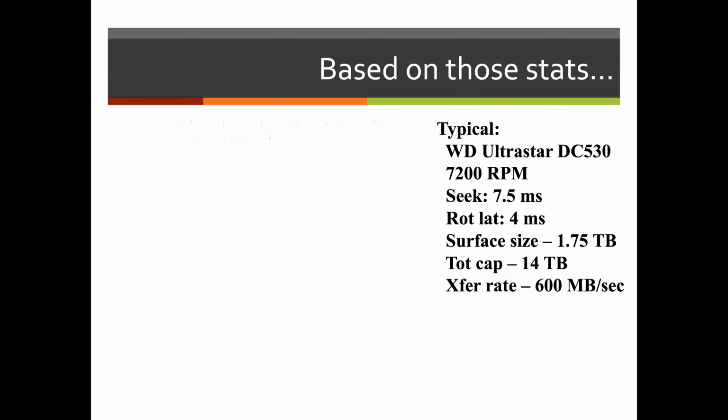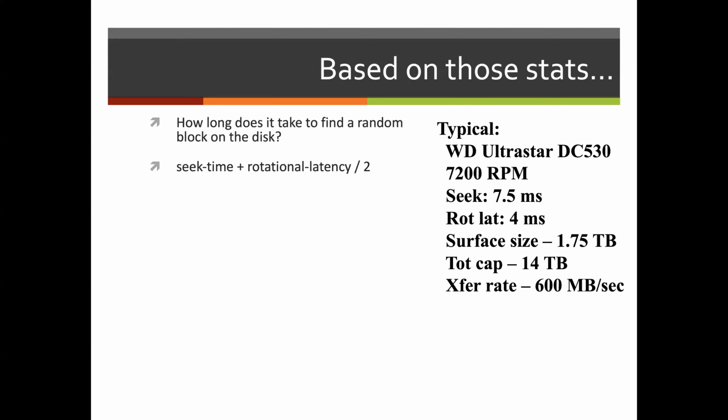And so based on those stats, you want to say, how long does it take to find a random block on the disk? It'll be the seek time plus the rotational latency divided by 2. So in this case, it would be 7.5 milliseconds plus 2 milliseconds equals 9.5 milliseconds.